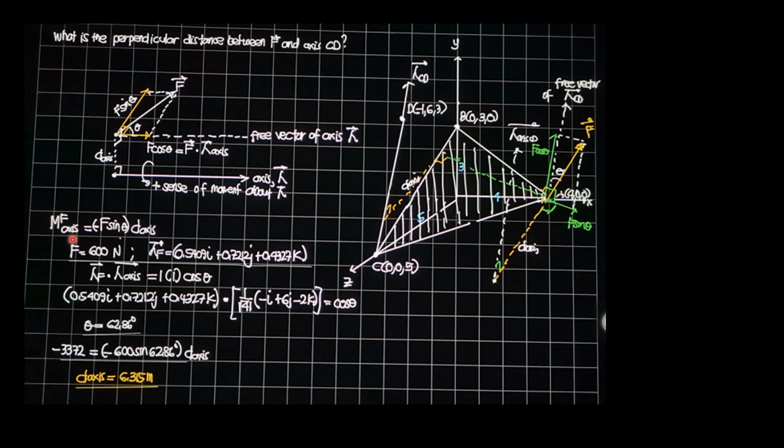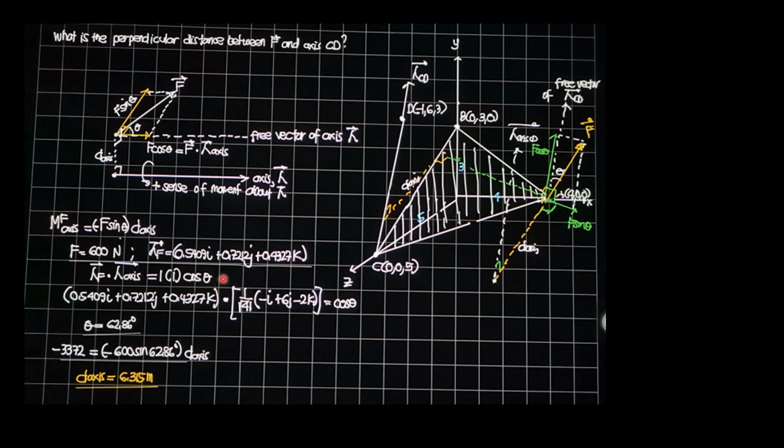Now, remember that the moment of F about the axis is negative F sine theta times the perpendicular distance to the axis. So that's our guide. And we already computed F. The magnitude is given, 600 newtons, and this is the unit vector of F, remember from the preceding slide.